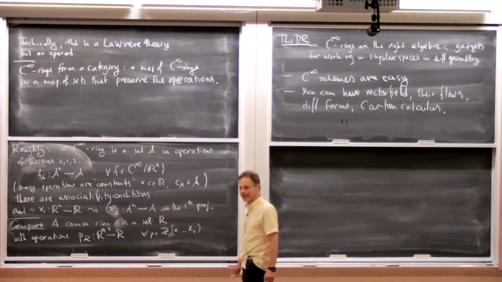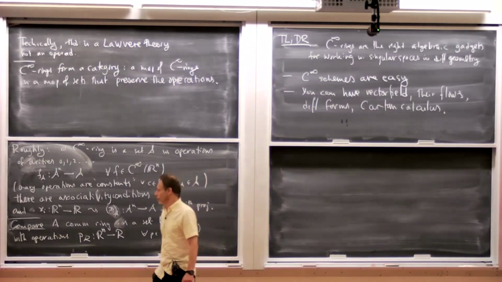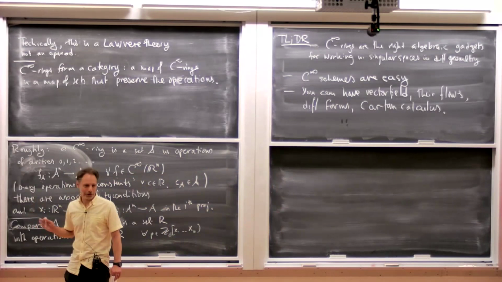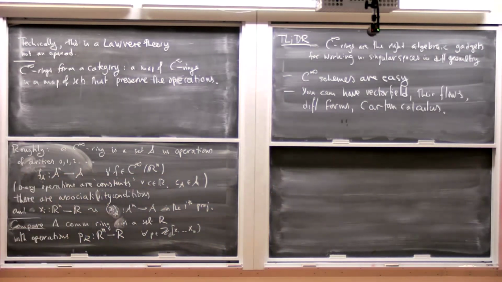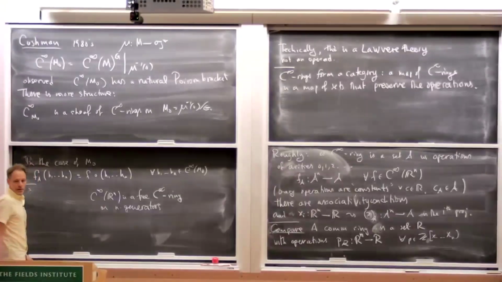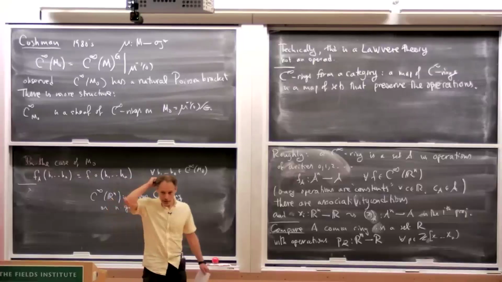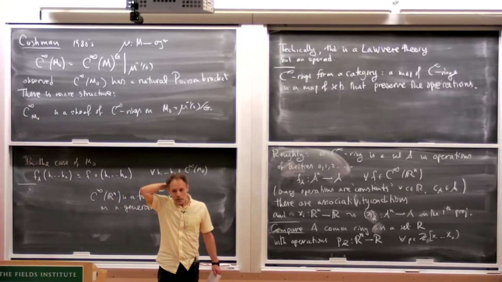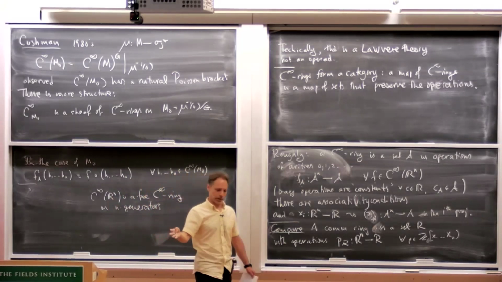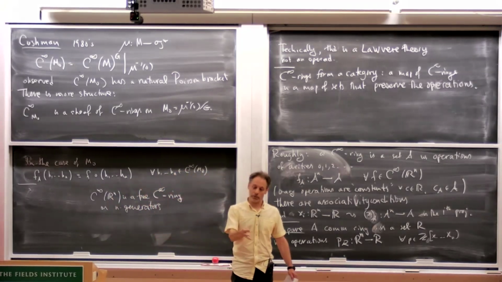On what? Could I give a hint? Why is this a free C-infinity ring? Because, sorry? For a manifold, I guess you're embedding it. Yeah, you can embed a manifold with boundary in R^n, but then you start looking at the ideals of functions that vanish on the manifold with boundary, and it's not finitely generated. Right?